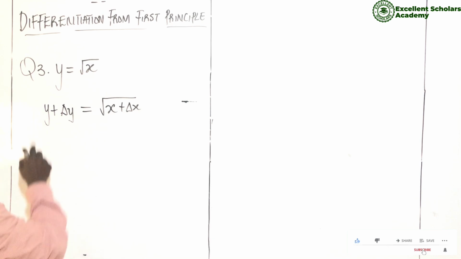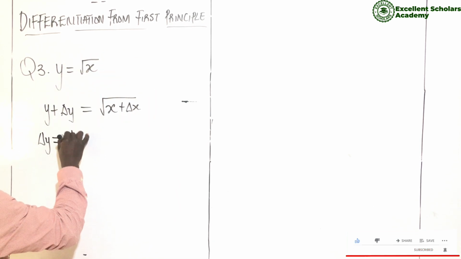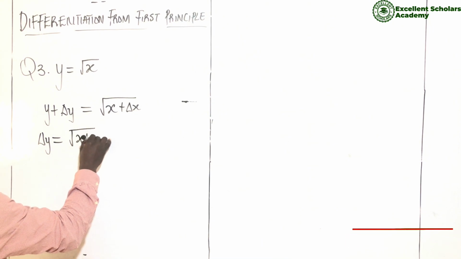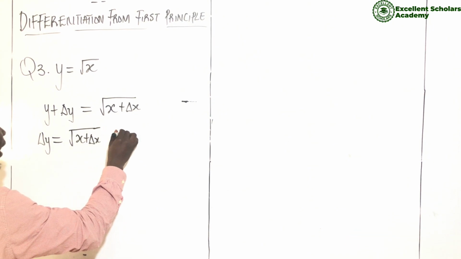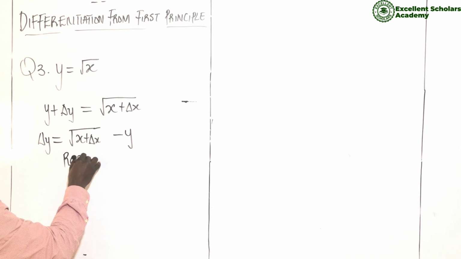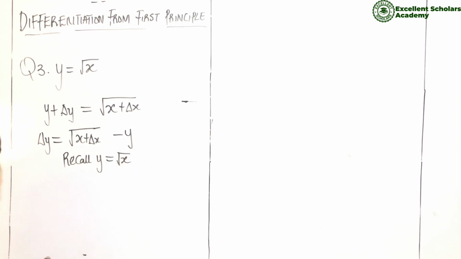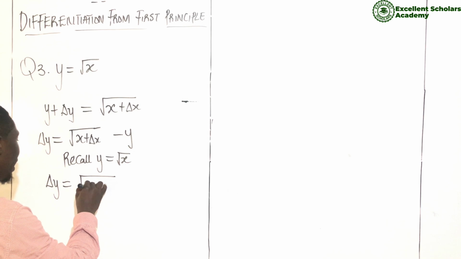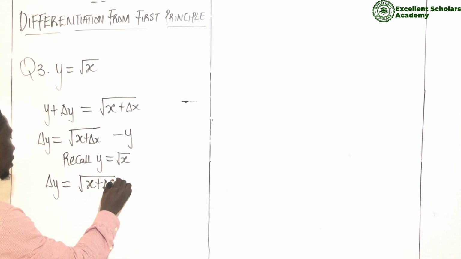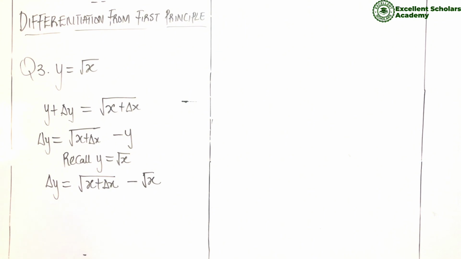So take this here, it becomes small increment in y equals root of x plus small increment in x, minus y. Now recall that y is equal to root x. And then this becomes small increment in y equals root x plus small increment in x minus root x.